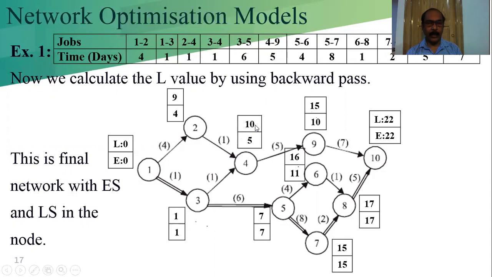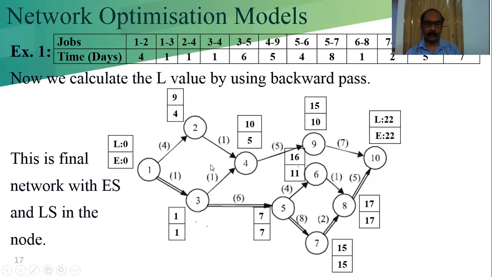And for the independent float, we define the free float minus tail event slack. That time this is the tail, so that difference is the tail event slack. This is the tail node and this is the head node. When we are calculating the free float, in this case total float minus head event slack, and when we are calculating the independent float, that is free float minus tail event slack, that is 9 minus 4.